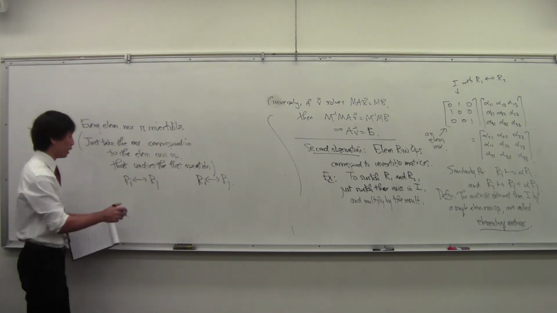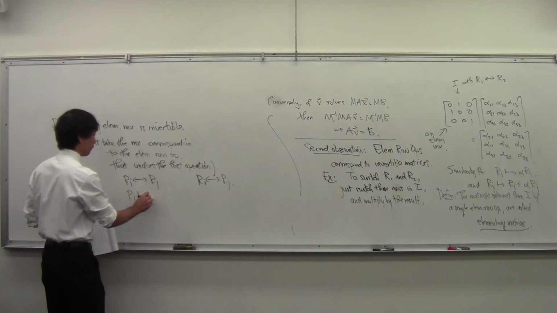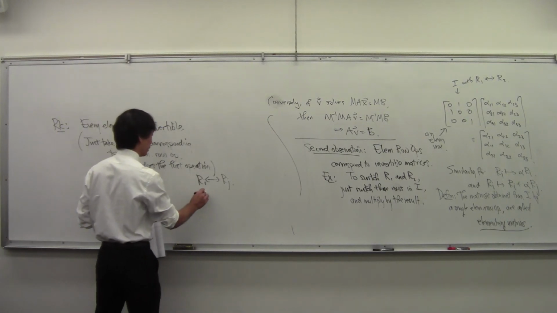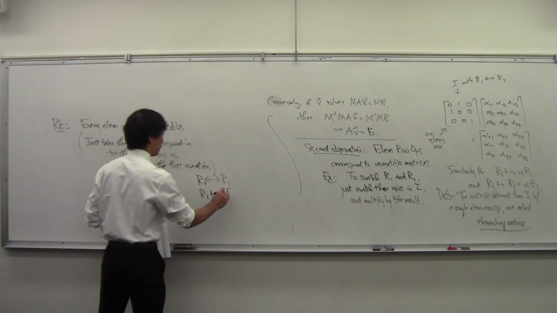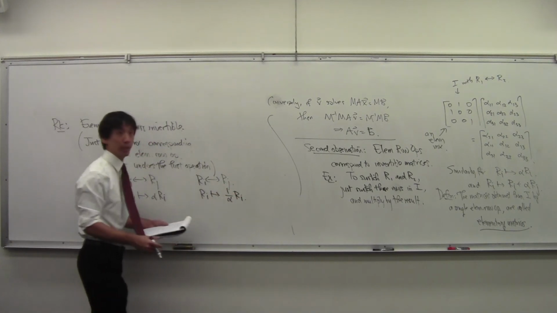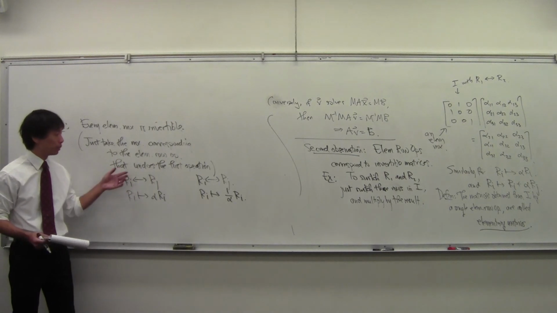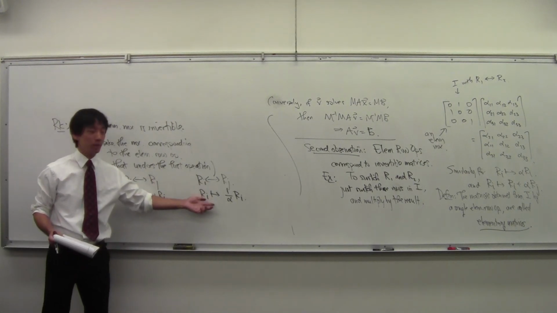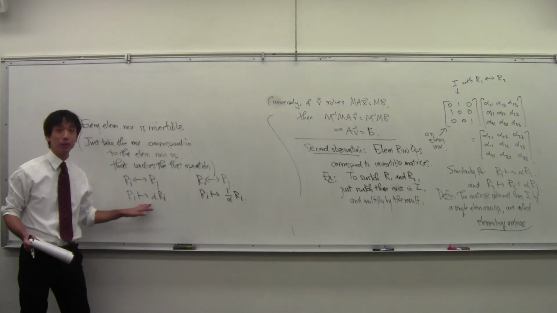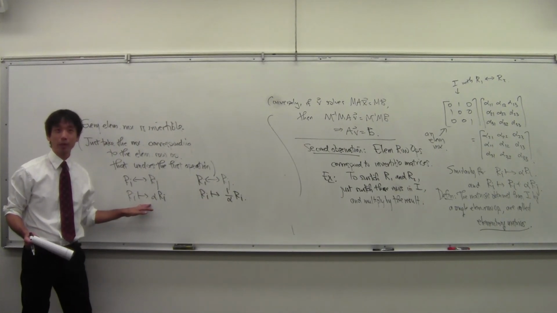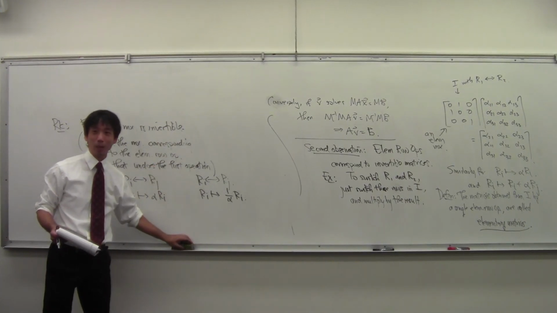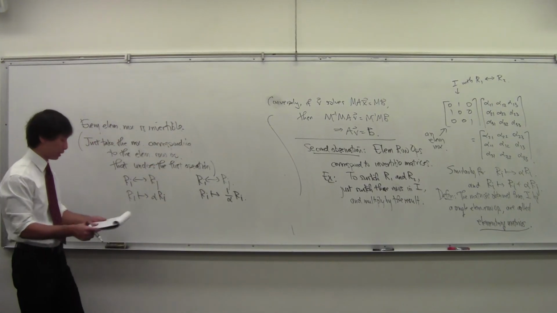Or if I multiply a row by a non-zero scalar, well then, multiplying the same row by 1 over the scalar will undo it. So the elementary matrix that corresponds to this will be the inverse of this one. So just use the matrix that corresponds to the operation that undoes the other operation.